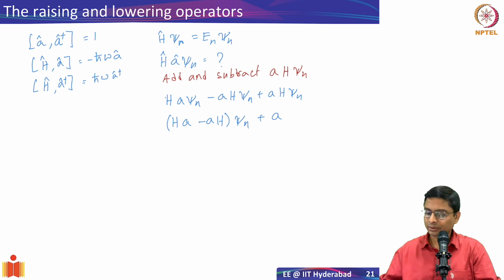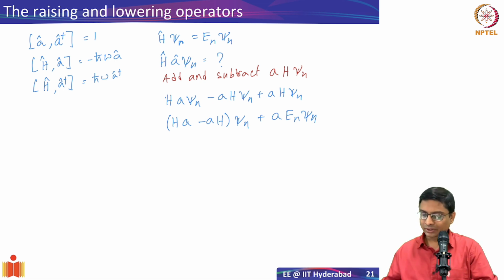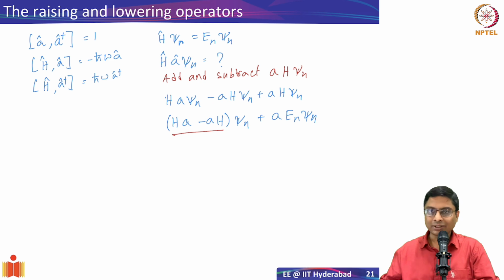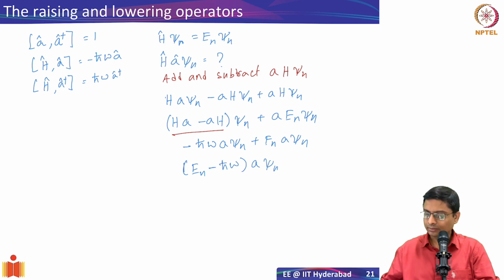The Hamiltonian acting on the wave function will give you En psi n, right? And I already know the commutator bracket for h and A. So this thing is going to give me minus h cross omega A psi n. So this will be minus h cross omega A psi n plus En A psi n. That essentially gives you En minus h cross omega times A psi n.